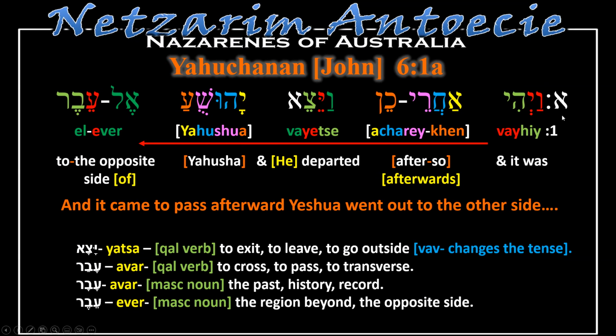And as we can see, verse 1 is represented with the first letter of the alphabet. So we have an Aleph, and then we have a Vav, Yod, Hey, Yod, Aleph, Chet, Resh, Yod, Kaf, Nun Sofit, meaning a Nun at the end of a word, which is different than the normal Nun.